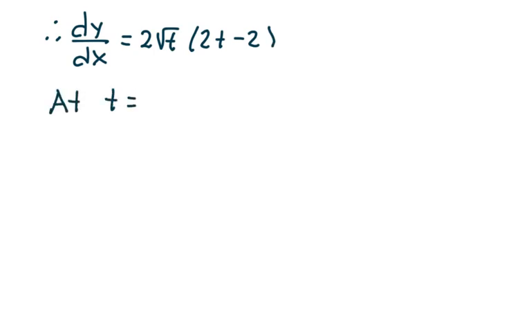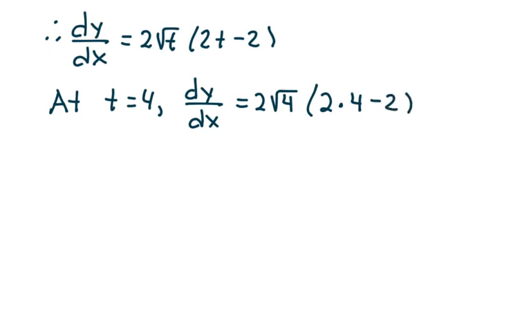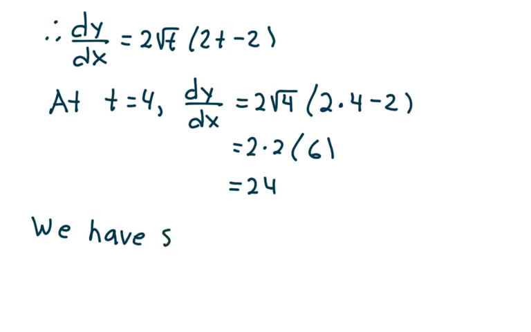At t equal 4, dy dx is 2 square root of 4 times 2 times 4 minus 2. So I just replaced t with 4. So this is 2 times 2 times 6, which is 24. So we have slope 24.